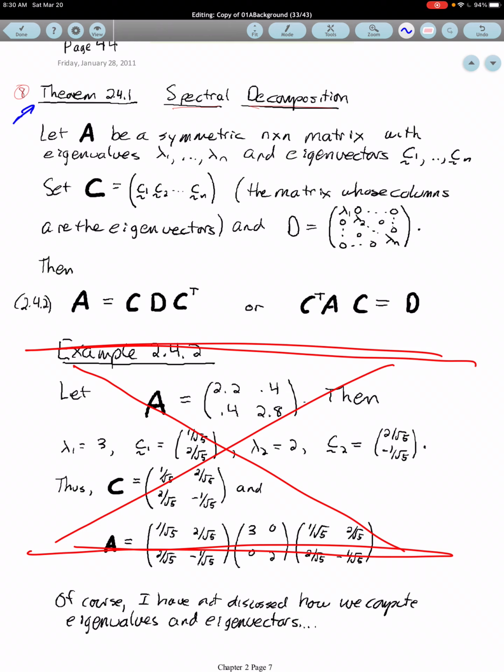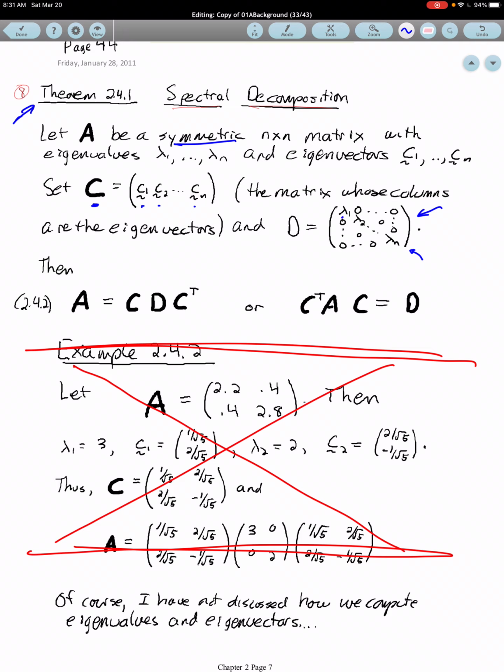Okay, so we're going to start with a symmetric matrix A, and we are going to construct a matrix C, whose columns are the eigenvectors of A. And again, these vectors are going to be orthogonal to one another. We're going to also construct a diagonal matrix D, whose diagonal elements are the corresponding eigenvalues.